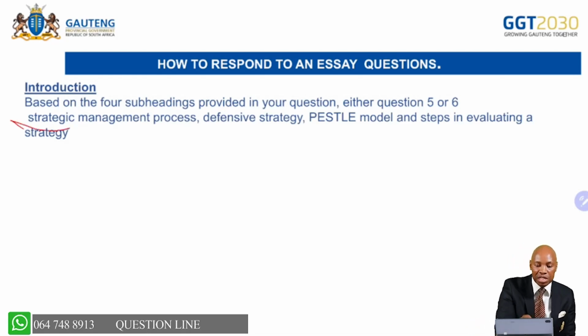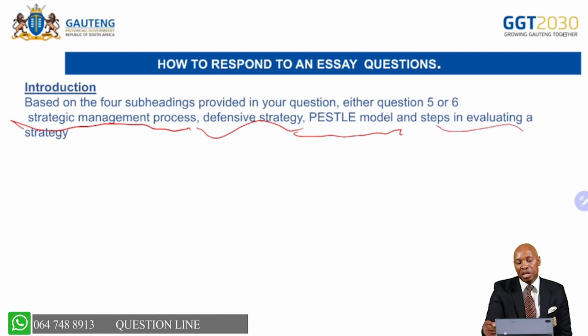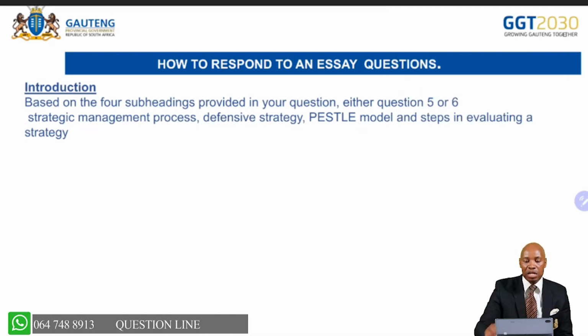You can use strategic management process, you can use defensive strategy, you can use the pestle model, and steps in evaluating a strategy, because those are the subtopics that are asked in this essay question. Then let's take it further. We are done with the introduction. Then I will give you a typical example of an introduction based on our question and how it's going to be marked.